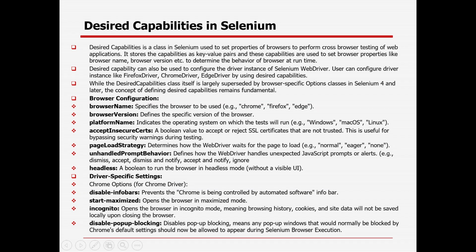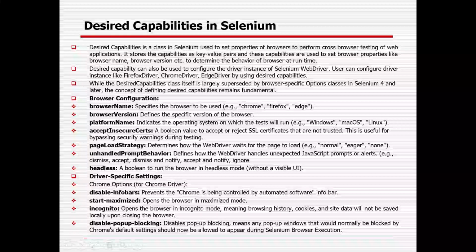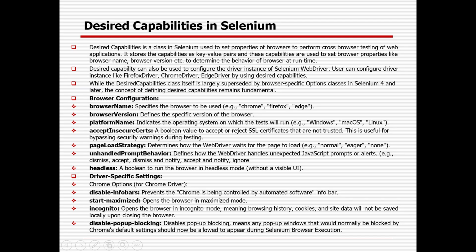So you can change the browser name, and you can deal with the browser version if you require to test with lower versions, whatever is not installed on the system. You can change the platform name to Windows, Mac or Linux. You can accept insecure certificates. You can set the page load strategy to normal, eager or none. You can handle prompt behavior using dismiss, accept and notify, accept, dismiss and notify, or ignore.